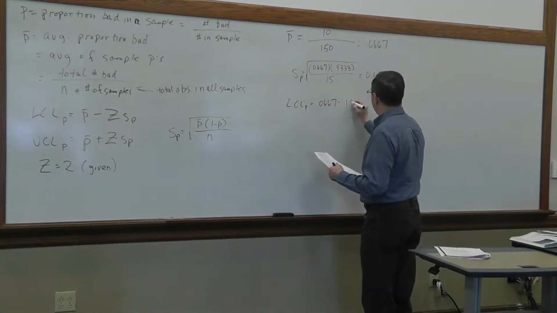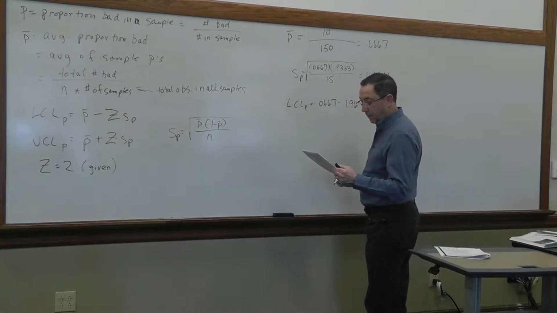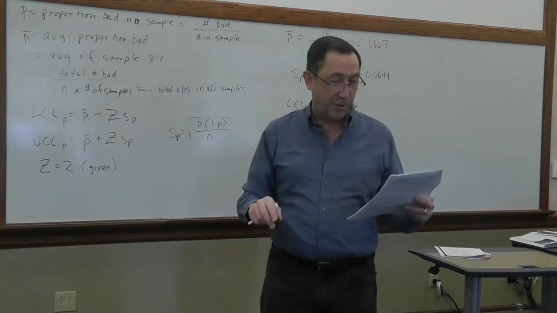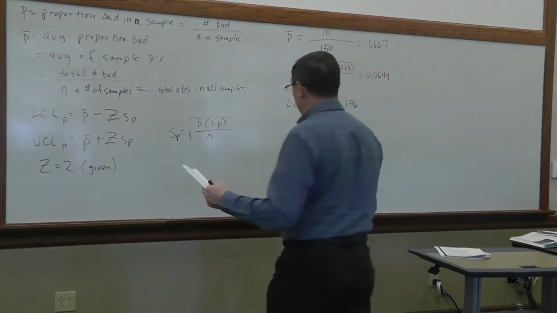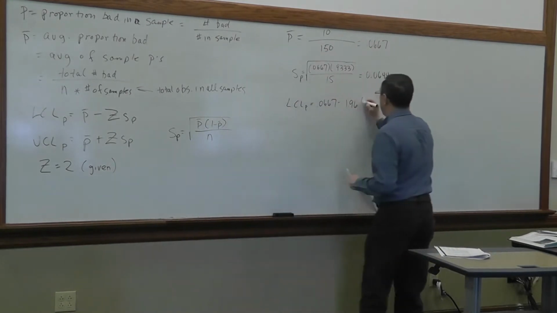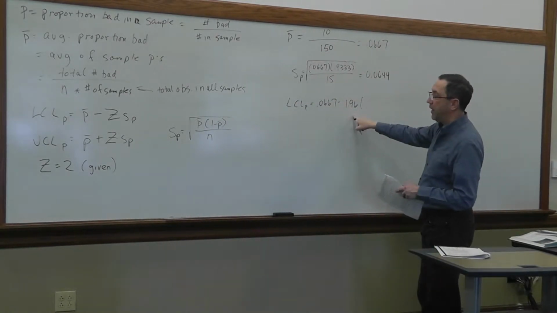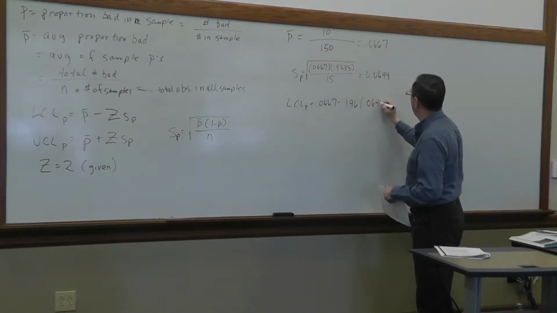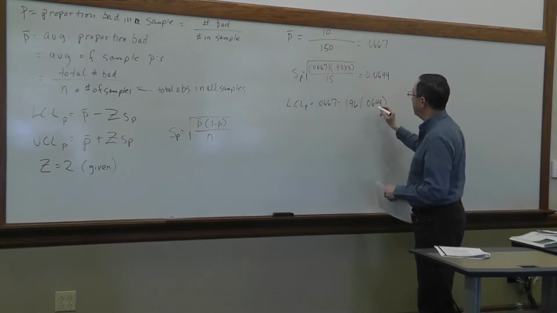So it's minus 1.96 in this case, times, oh, my calculations are wrong because right now in my solution I used a Z of 2. I'll be real close, but I won't be right. 1.96 times S sub P, 0.0644.